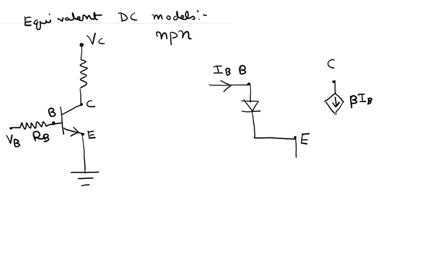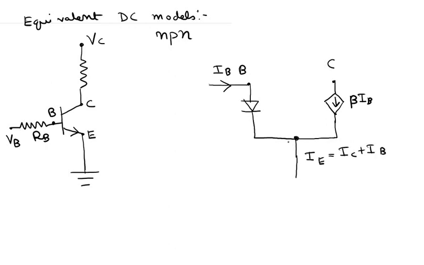Okay, so the magnitude of this current that flows into the collector is basically beta times IB, and this is the emitter point, and out of the emitter current flows out, and the magnitude of the emitter current, just as I stated, is the base current plus the collector current, IE equals IC plus IB.